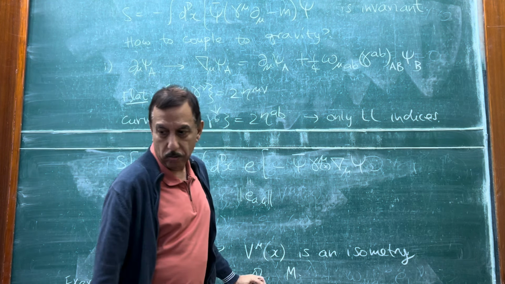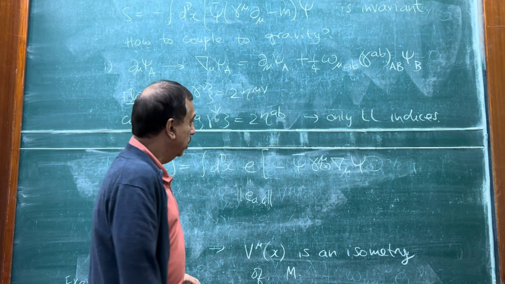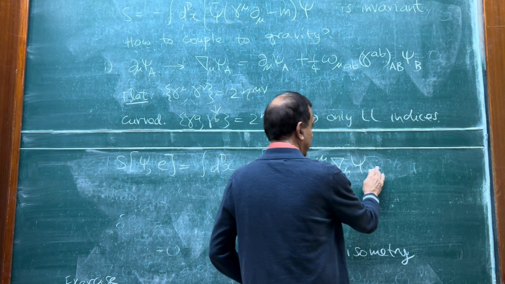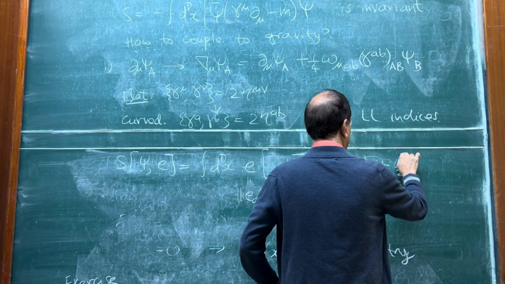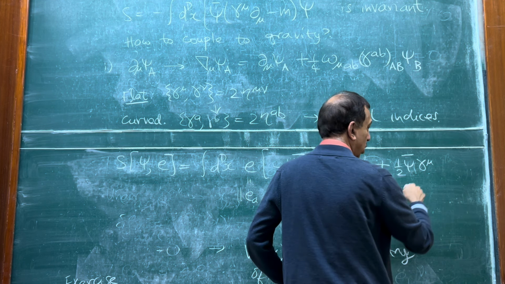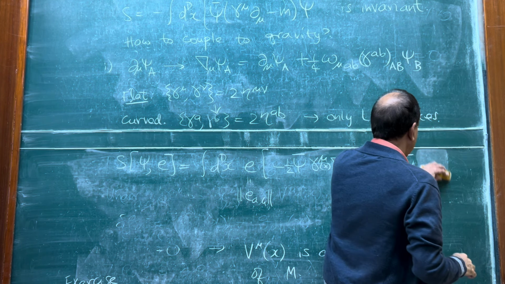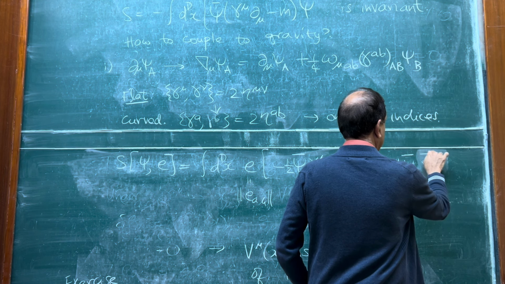Okay. Now, very often, and also in my notes, this is explicitly anti-symmetrized. So I'll write minus half of this plus half psi bar gamma mu. Still, no, not to the left, to the right.